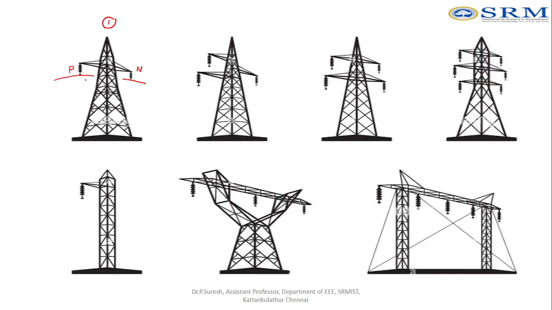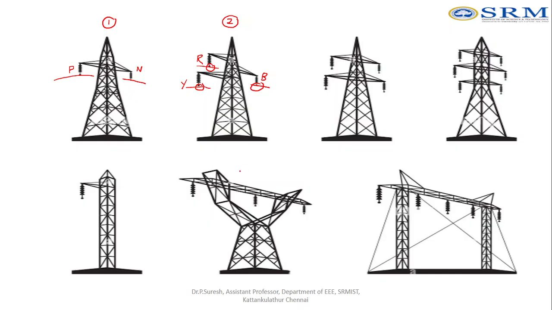For the second case, I can place three conductors, R, Y, and then B. This is the R conductor, this is the Y conductor, and this is the B conductor. This is nothing but an unsymmetrical system, because the distances are differing. So this is called an unsymmetrical system.